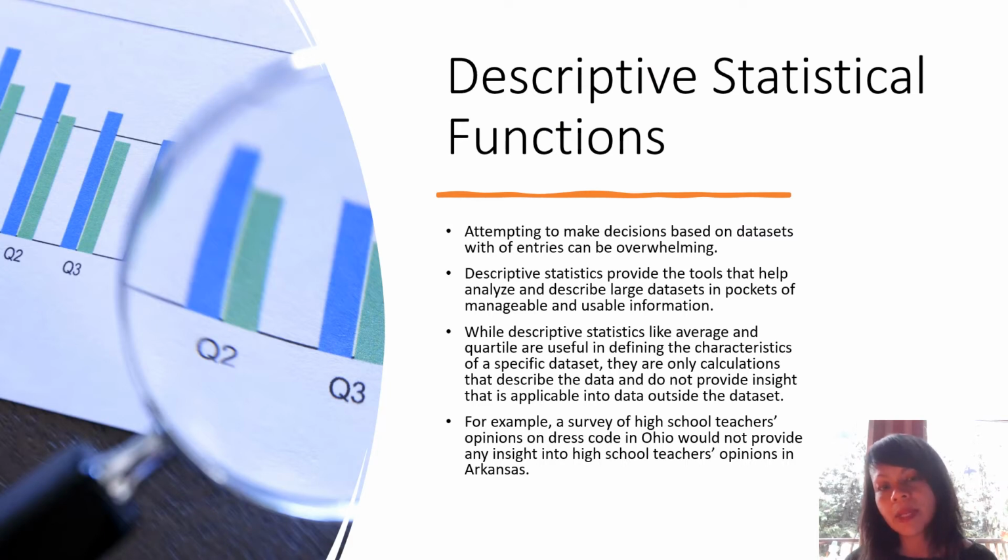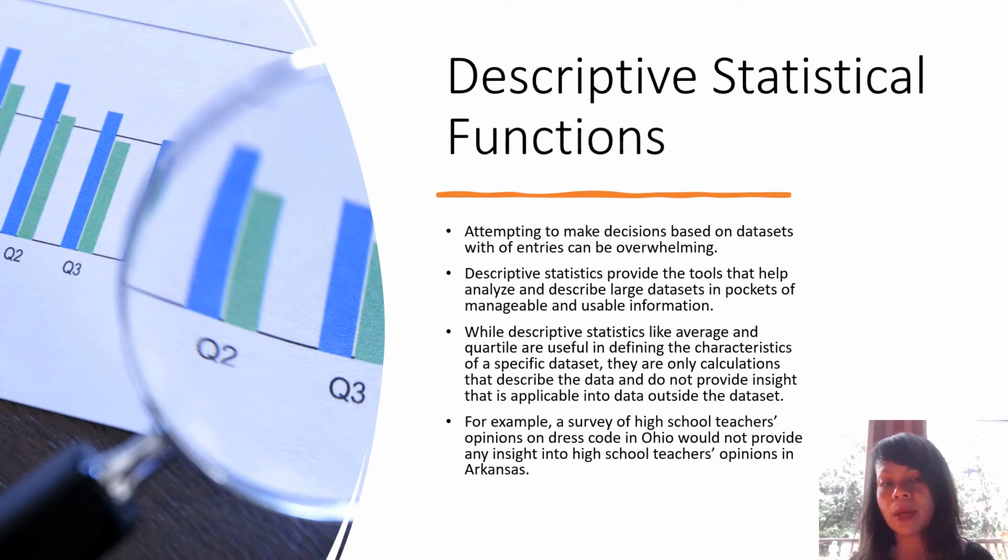So attempting to make decisions based on data sets with lots of entries can be overwhelming. Descriptive statistics provide the tools that help us analyze and break these large data sets into pockets of manageable and useful information.